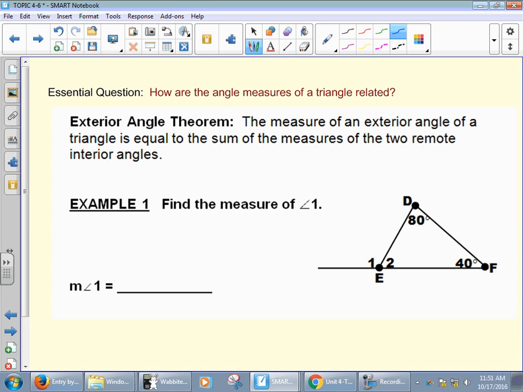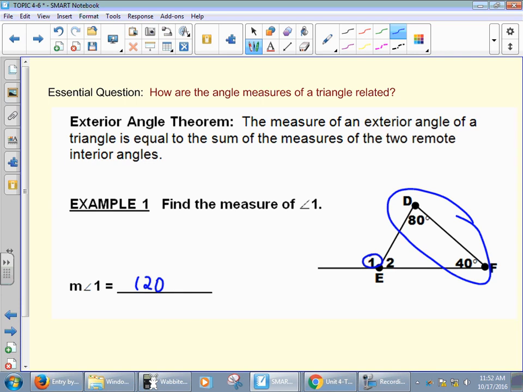So this is not trick questions or anything. What is angle 1 going to be? Add them up. It's what? 120, okay? You can spend all the time in the world figuring out that angle 2 is 60. That's great, but all you have to do is add up the two remote interior and you get your answer.